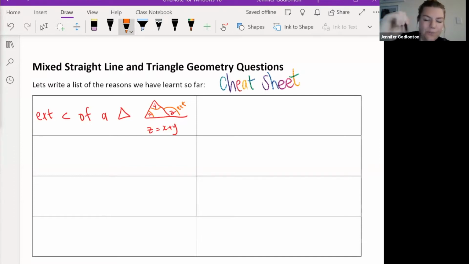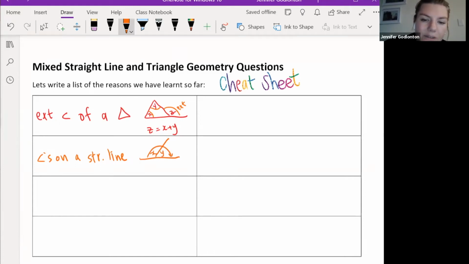Rule number 2. Angles on a straight line. Yes, angles on a straight line. How does it work? We put the x together, we make it equal to the x and the number that's there, and we make it equal to 180 degrees. Okay, so if I say X plus Y here, that has to equal 180 degrees. What's the important word when it comes to angles on a straight line?